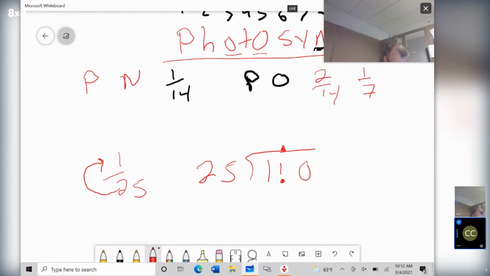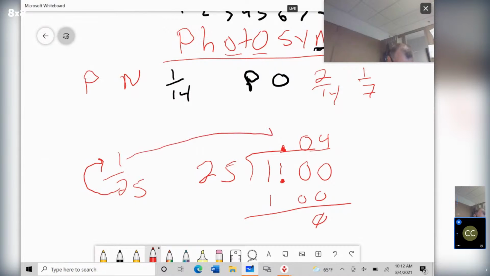And then I'm going to add a 0. Now, as 25 going into 10, it goes 0 times. So what I'm going to have to do is add another 0. And as 25 going into 100, it goes 4 times. And 4 times 25 is 100. And that's 0.